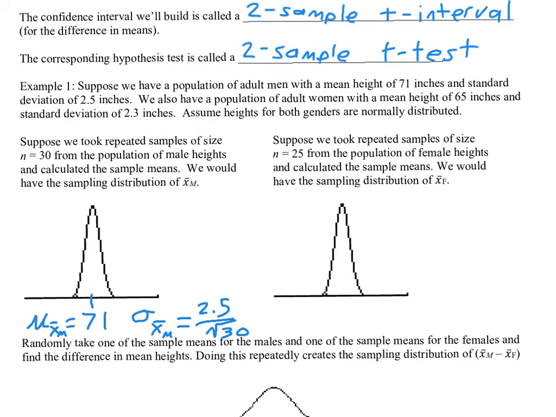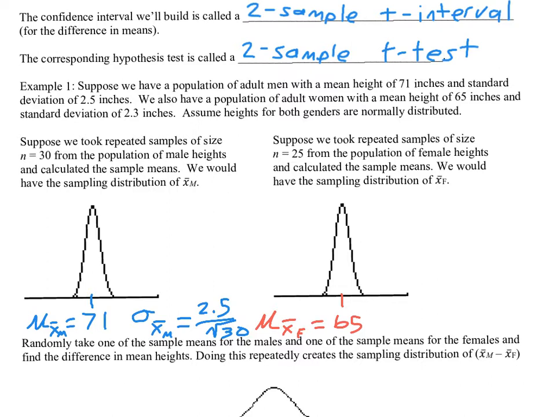If we take repeated samples of size 25 from the population of women, we know that will be centered at the population mean of 65. This is the average of all of the X bars for females.